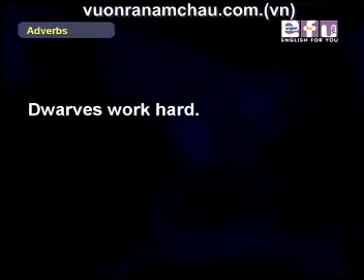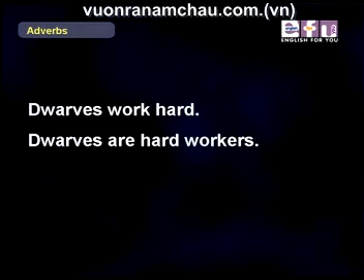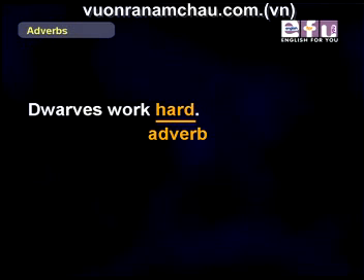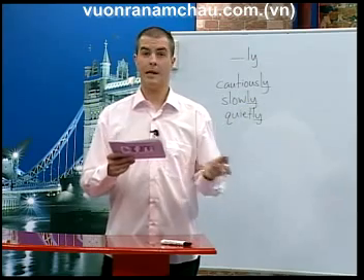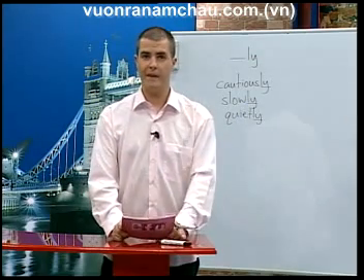Dwarves work hard. Dwarves are hard workers. In the first sentence, hard is an adverb, and it describes the word to work. Now, in the second sentence, hard is an adjective, and it describes the noun workers. Another example of this word is fast.